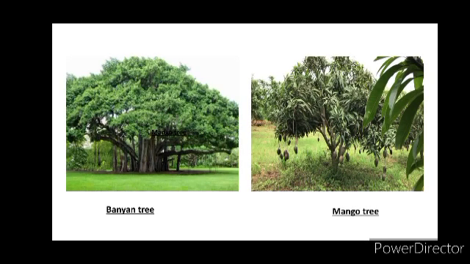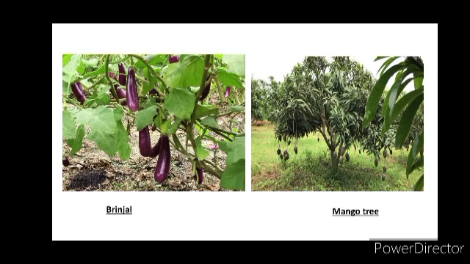The rate at which two similar plants grow also varies. One bush may grow faster than another bush. Some trees like the mango tree bear fruits only after the third year of growing, while some plants like the brinjal bear fruits within 3 months.